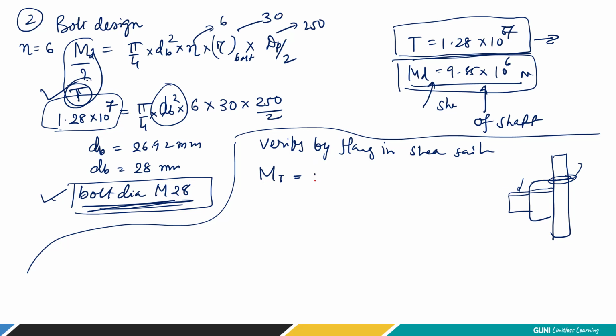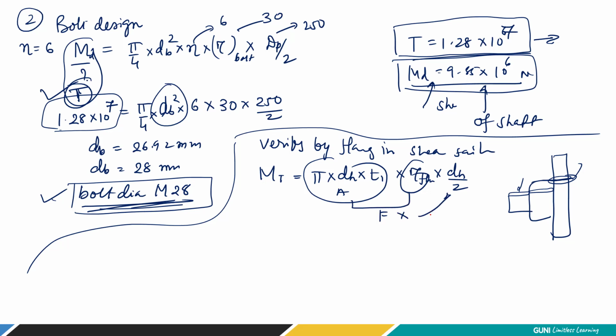So here it is π d_h, which is the hub diameter, times the thickness of the flange, times the shear stress of the flange, at the hub dimension divided by 2, right? So this is the area, this is the shear stress. Multiply them and it gives you the force, and this distance makes the torque, right?